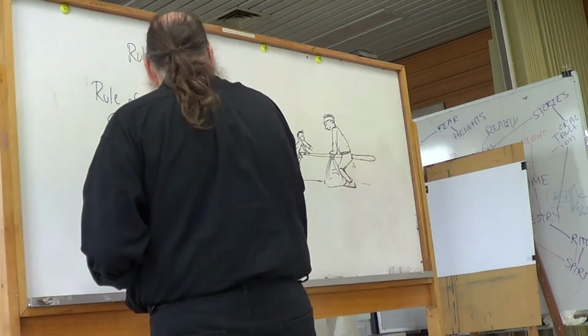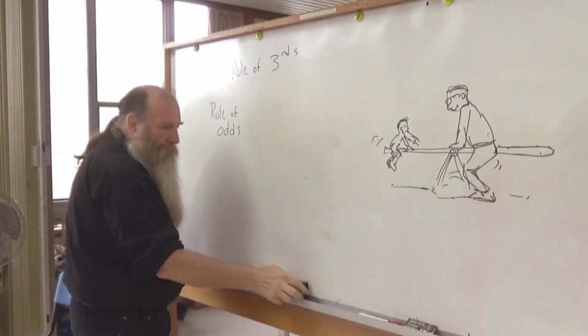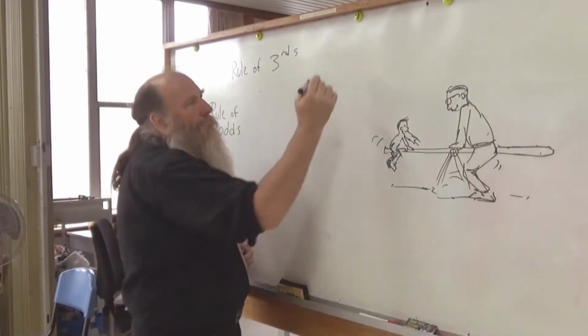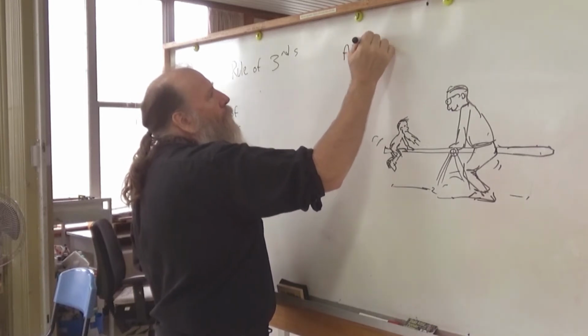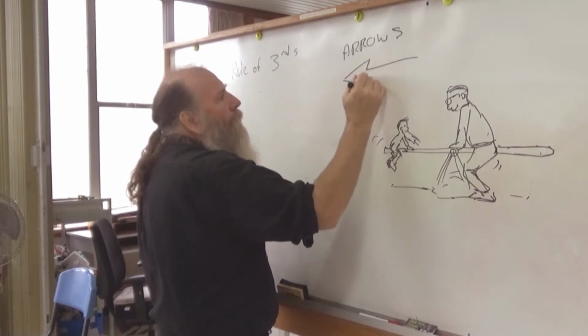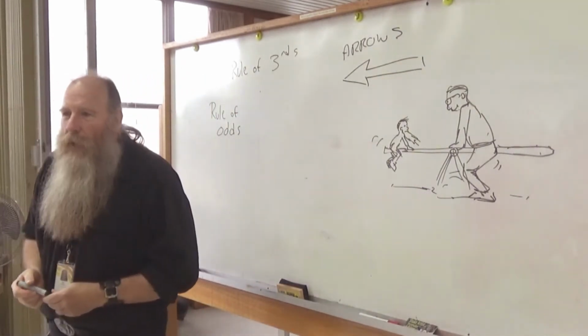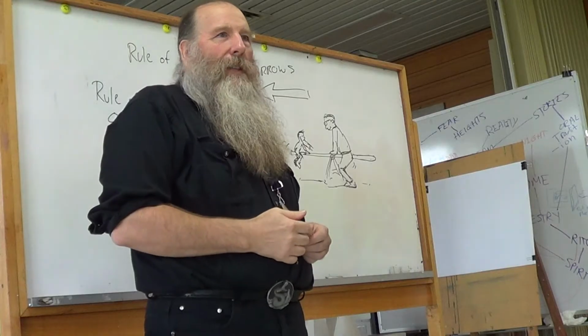The next rule is, well, it's not really a rule, I suppose it's more like an observation, is what I call arrows. When we see an arrow, what do we do? We tend to look in the direction the arrow's going.